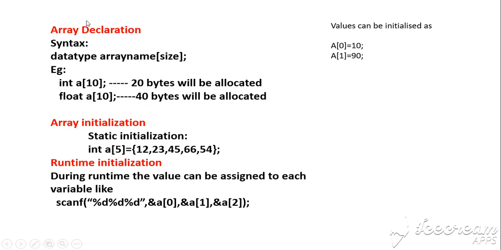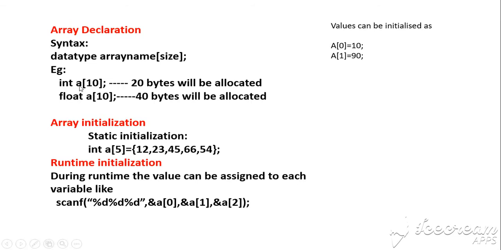So for implementing an array, we have to declare the array first of all. How can we do this array declaration? The syntax is data type, array name, size. If you want to store n integer elements in an array, you have to specify the data type as int, and then you can give the array a particular name.